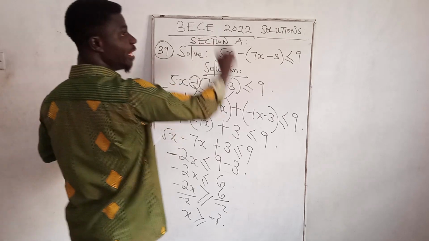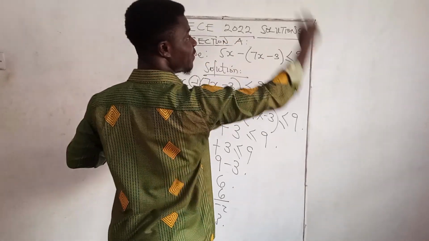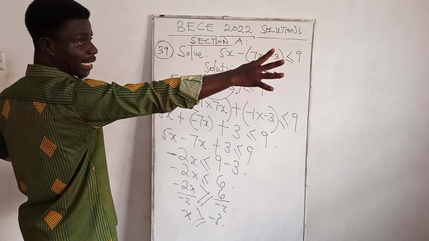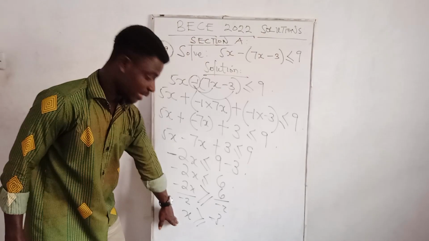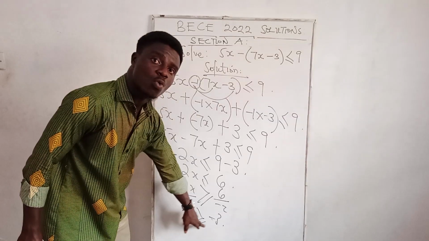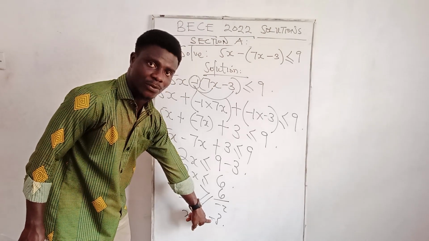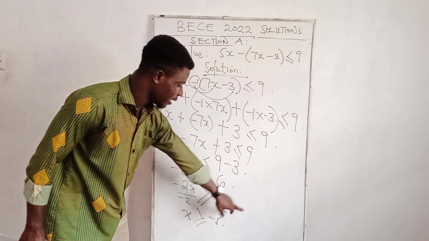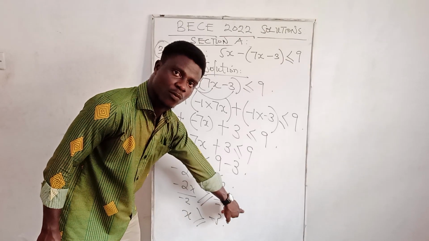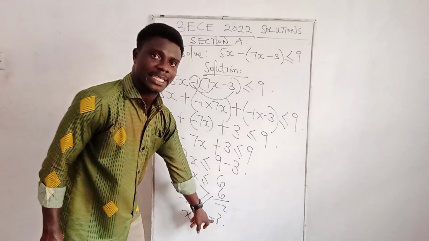So negative 3, negative 2, negative 1, 0, 1. Take note of that. x is greater than or equal to negative 3. So you can start from negative 3, then negative 2, not negative 4, because negative 3 is greater than negative 4.